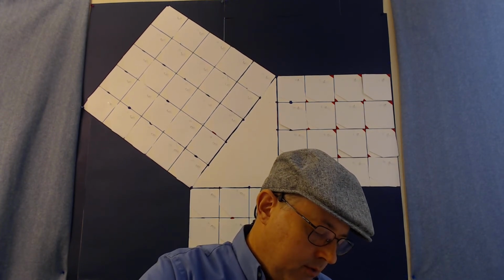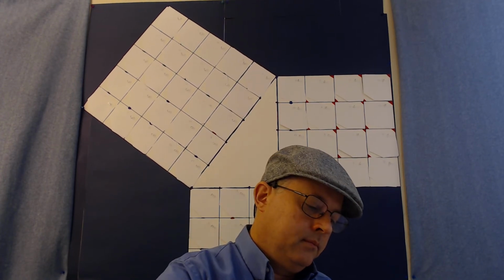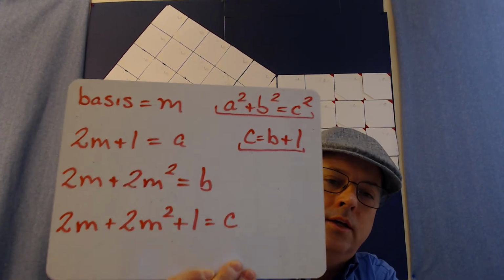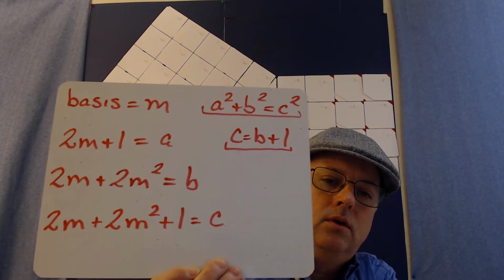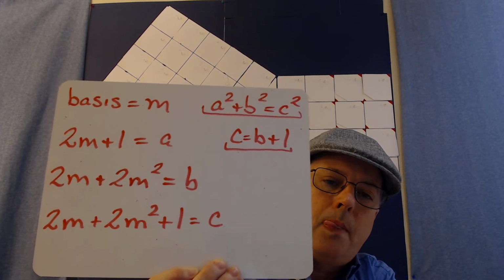Let's say that we have twice the basis plus 2 times the square of the basis plus 1. And that gives us the c value. Okay, and so that is our first formula for generating Pythagorean triples.